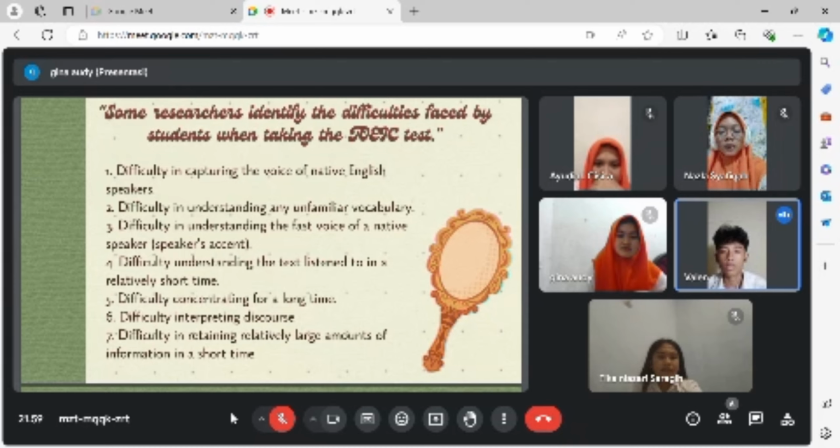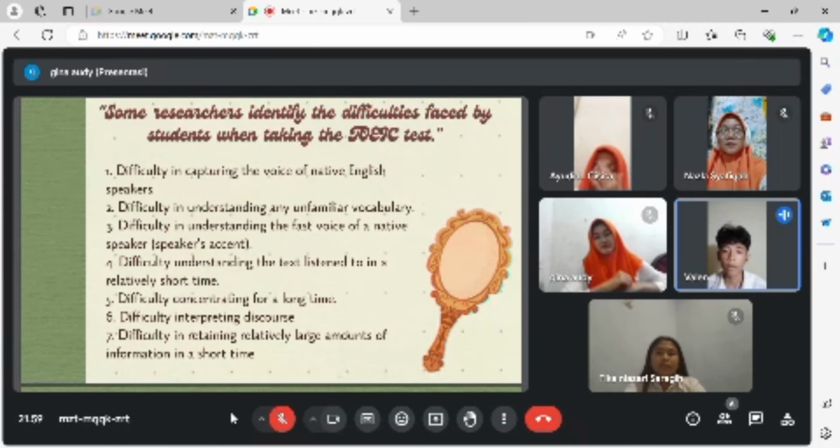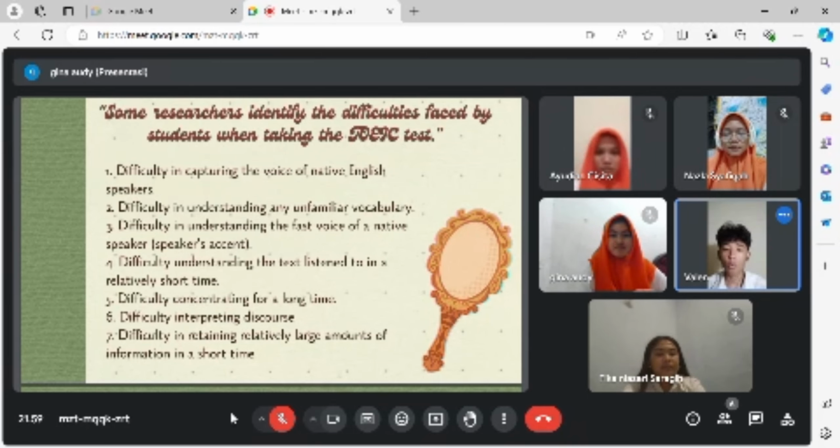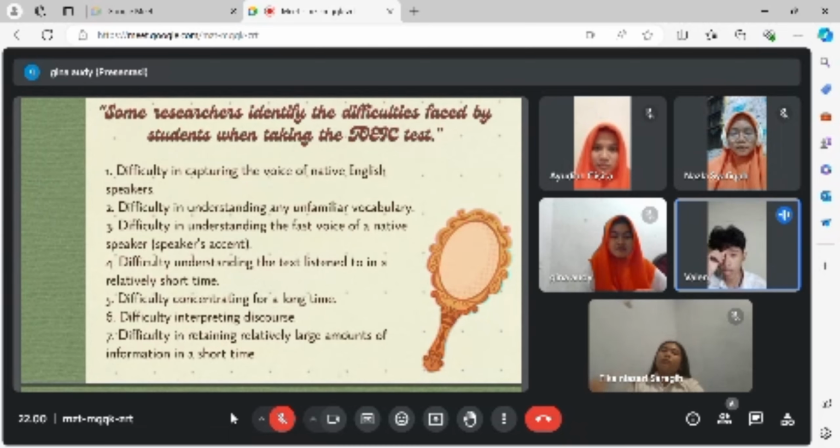Alright. Number 4 is the difficulty understanding the text listened to in a relatively short time. This refers to the struggle to quickly grasp or comprehend spoken information when it's presented in a short time frame. It's like when you're listening to something, but it's hard to fully understand or process what's being said quickly because the time is very short.